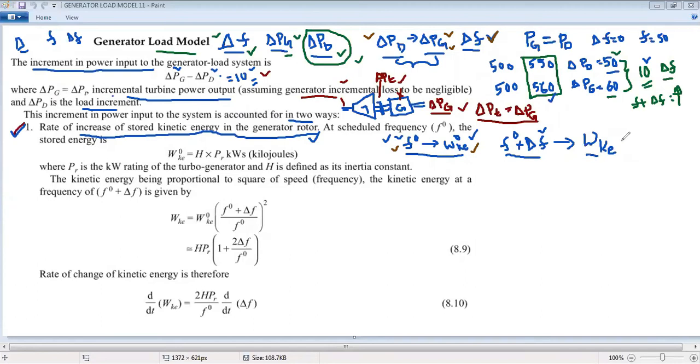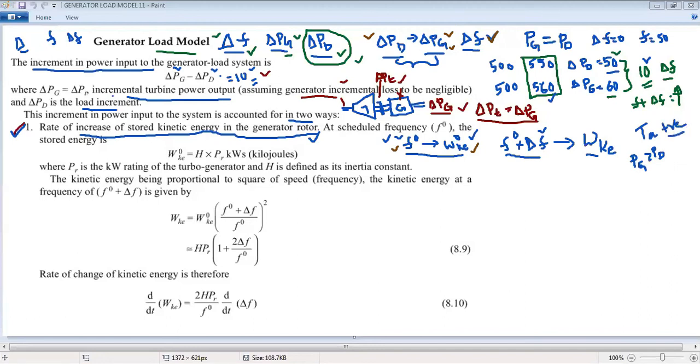Now why does this happen? If we consider the swing equation in power system analysis, we have M d omega by dt equal to Ta, the accelerating torque. If the generation is greater than the load demand, the accelerating torque will be positive.